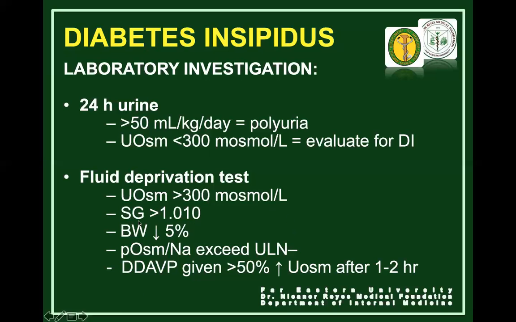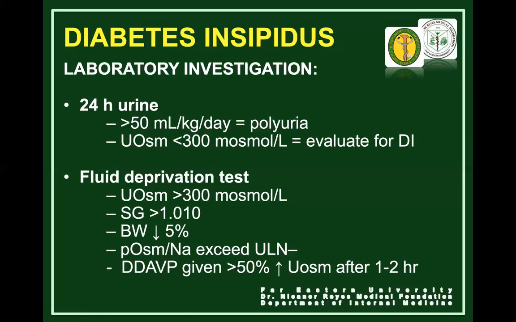Usually the plasma osmolality and sodium would exceed the upper limit of normal. So if they're already fluid deprived, what you have to do is give the antidiuretic hormone. Okay. If they're fluid deprived, you give the DDAVP. If there is more than a 50% increase in the urine osmolality 1 to 2 hours after the fluid deprivation test, then it is positive for a pituitary diabetes insipidus.